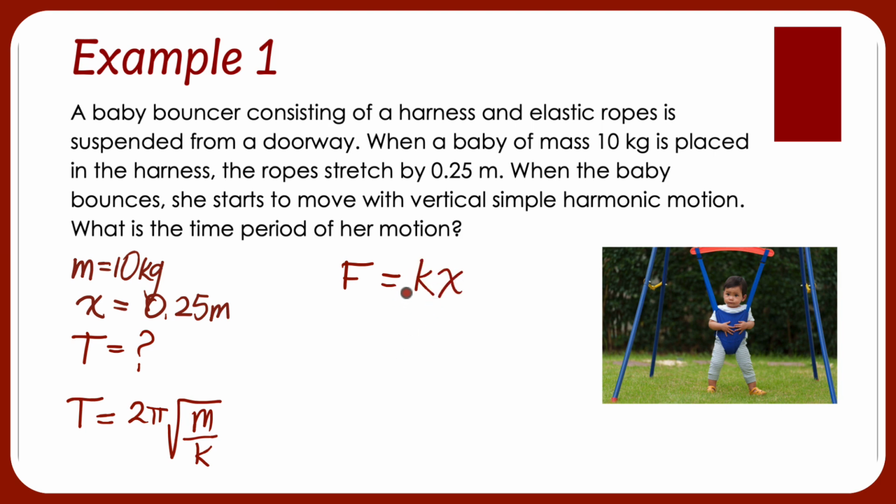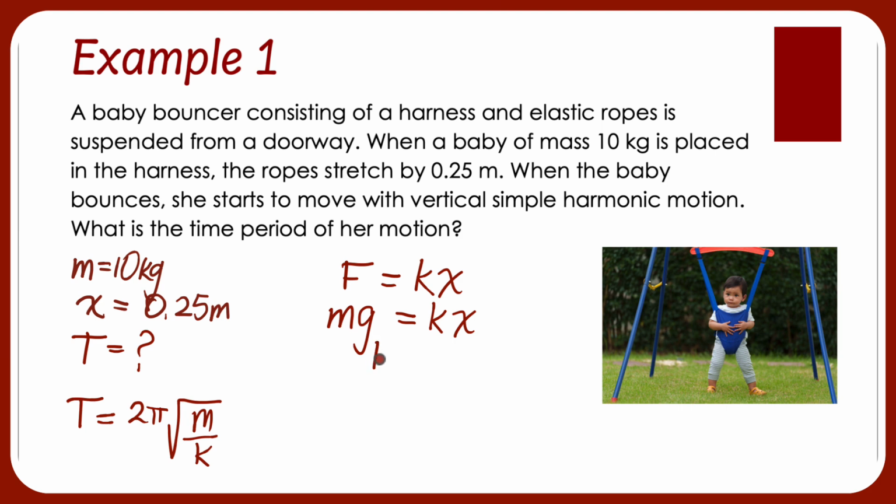And yes, there's a negative sign here, saying that the force and the displacement are opposite directions. Now, when I put the baby on here and it stretches by this much, now that means that my force due to gravity, pulling down, is equal to the force from the spring.